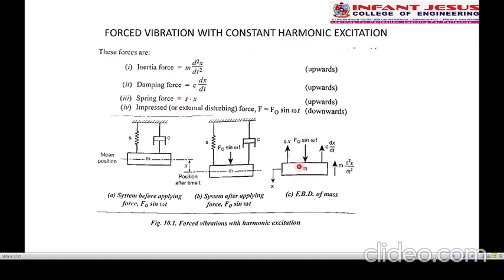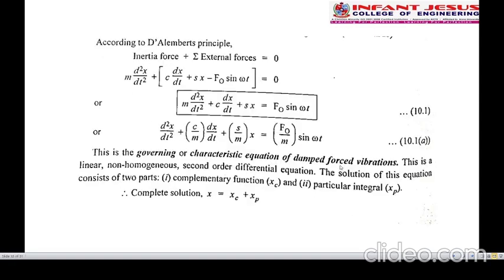Now we are going to resolve this. In engineering mechanics, we know the direction of forces. Always the upward forces we take as positive and the downward forces we take as negative. So except this external force, all the forces are positive. We have to apply D'Alembert's principle.